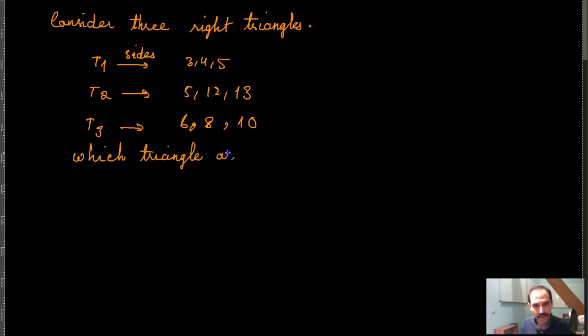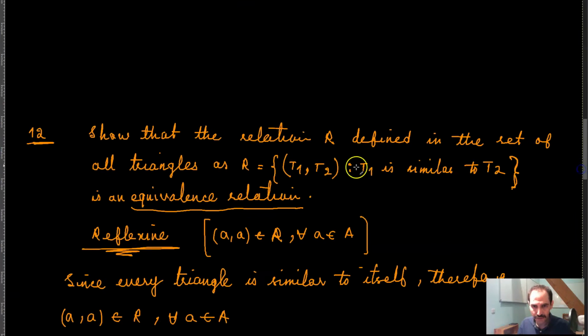Over here the relation that we have is (T1, T2) such that T1 is similar to T2. So if T1 and T2 are similar triangles, they will be related under this relation.